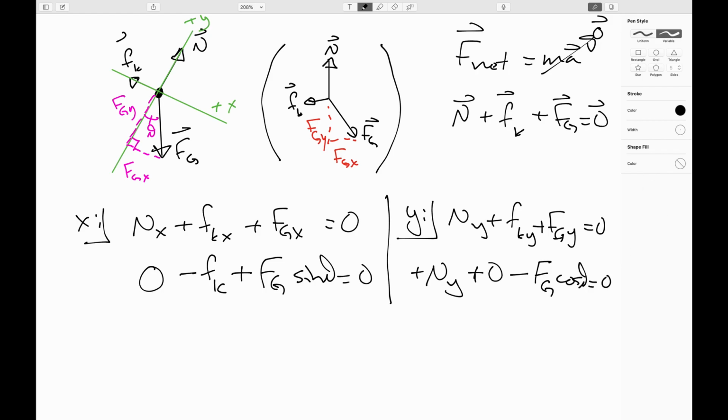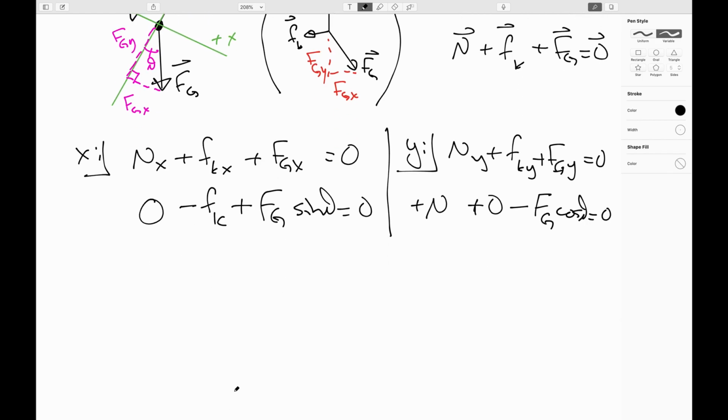Okay, now I know theta. Sorry, not ny anymore, just n. So I know theta, and I can figure out the force of gravity because I know the mass of the skier. I'm just solving for fk and n. Okay, so let's do that.